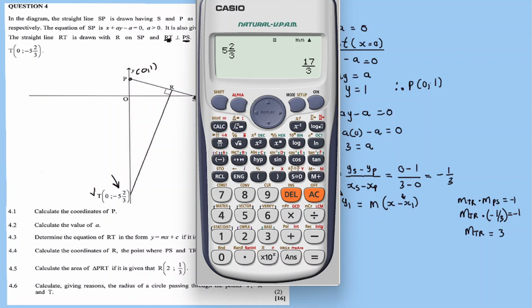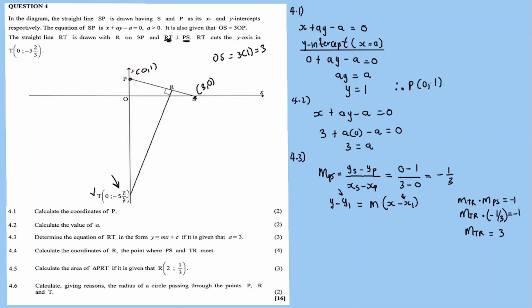You can use a calculator, or simply say 5 times 3 is 15, plus 2 is 17. It's 17 over 3. That is how you solve a mixed fraction. Then, after finishing, I substitute here.